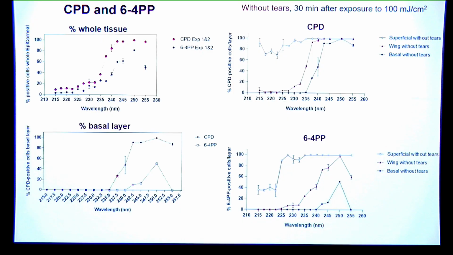And you might be interested in what's happening to the basal layer, which, even for skin, but also for eyes, is where you might have very precious cells. And as you can see, far UVC wavelength did not induce DNA dimers at all in the basal layer. You might start getting some at 235 nanometer for CPDs, but a little bit at higher wavelength for 6,4 PPs. So far UVC wavelength did not induce DNA damage in the basal layer.